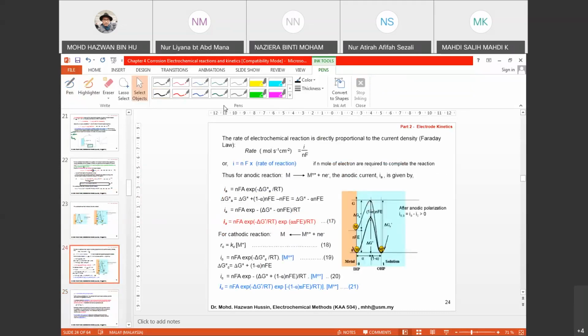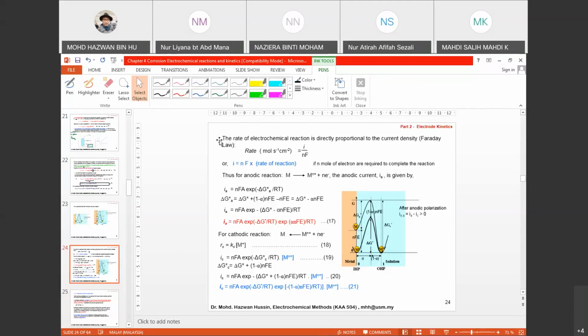Since the rate of an electrochemical reaction is directly proportional to the current density, for the anodic reaction M to Mn+ plus ne, the anodic current is given as follows. We are using this formula: rate equals current density over nF. So what is rate?